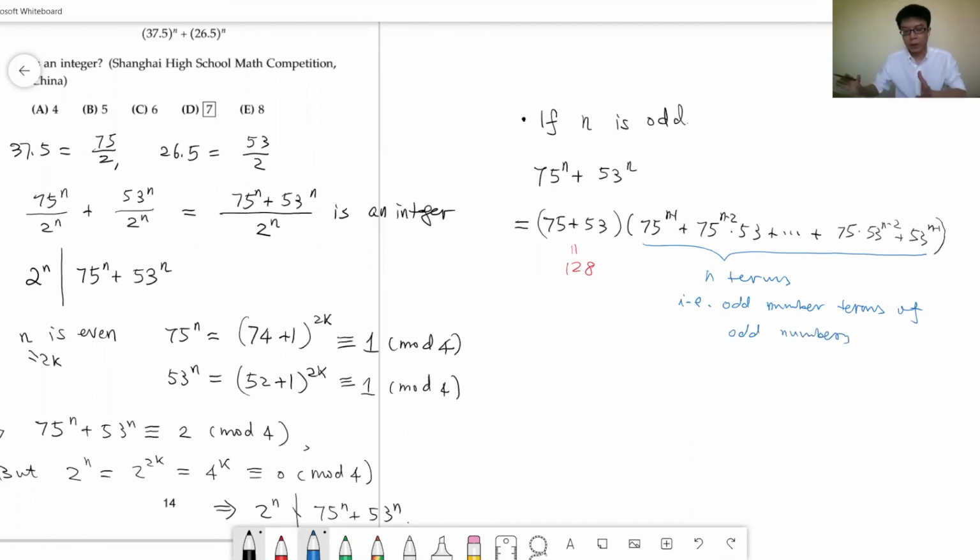In other words, the latter parenthesis must be an odd number. So in order to have 2^n divide 75^n plus 53^n, this is equivalent to 2^n dividing 128. But 128 is 2^7. So the largest possible n is just 7. Okay, that's the solution, 7.